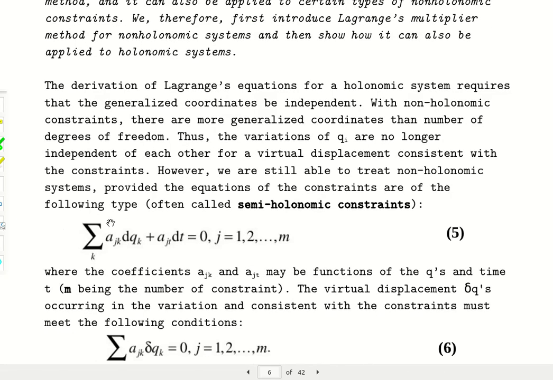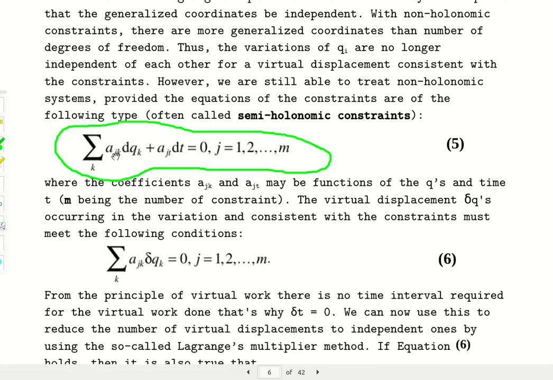So let us take a semi-holonomic constraint, that is, a class of non-holonomic constraints, which can be written in this form of a differential equation. Again I am describing this: q is the generalized coordinate. The number of generalized coordinates is 1 to n. It is not written here, it was written previously.